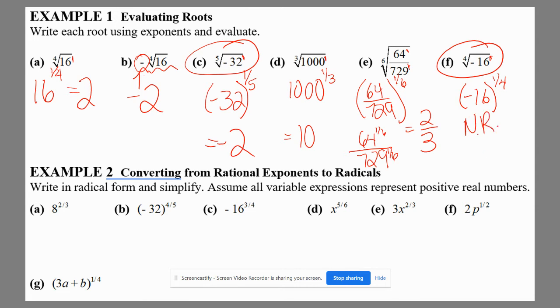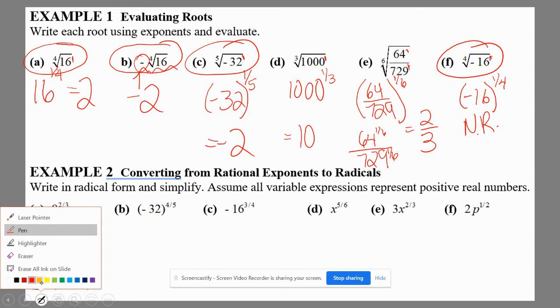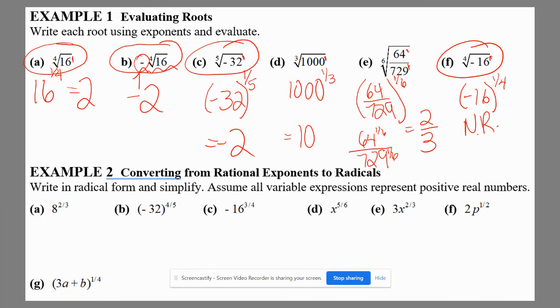Okay, so this answer for letter A was positive 2. Letter B was negative 2 because the negative was outside the radical. And for letter F, we have a non-real answer because it is inside the radical. That would be something where we would have to pull out the i. But we're not going to worry about that right now.